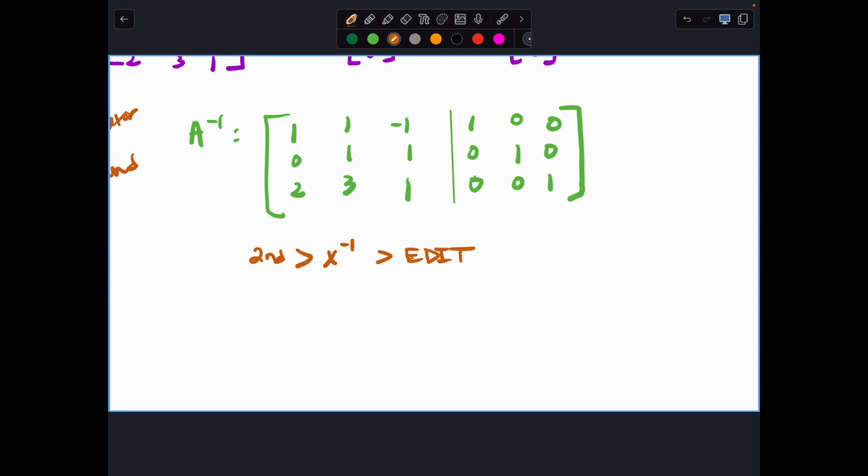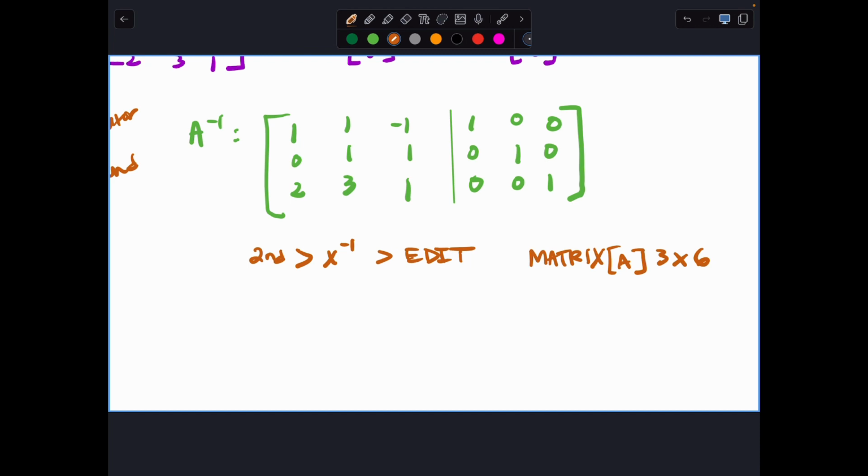You're going to make matrix A a 3 by 6 to type this in. Okay, so 1, 1, negative 1, 1, 0, 0, 0, 1, 1, 0, 1, 0, 2, 3.